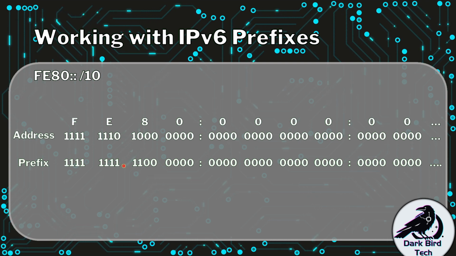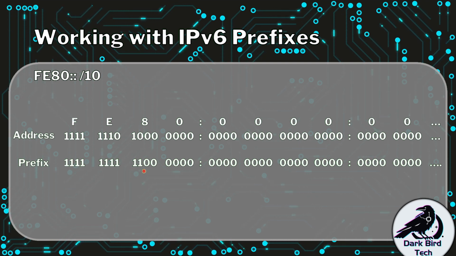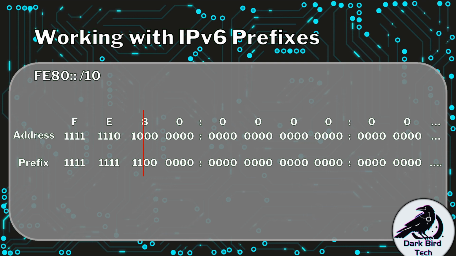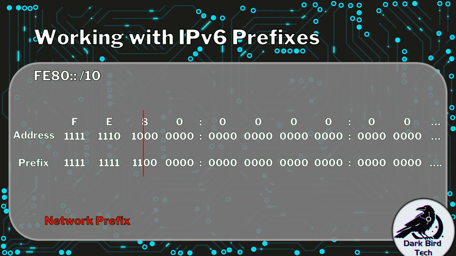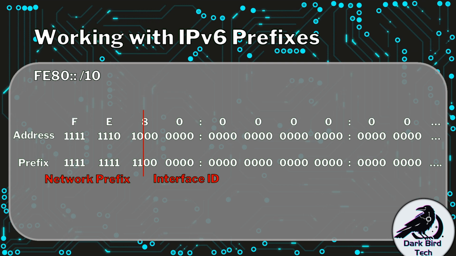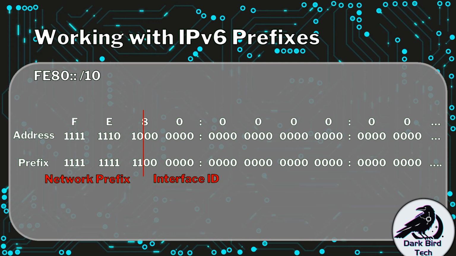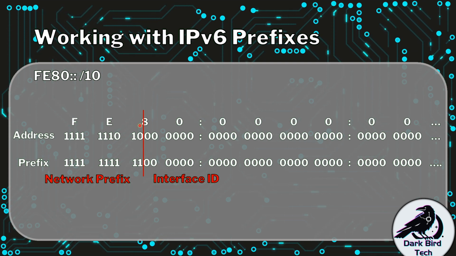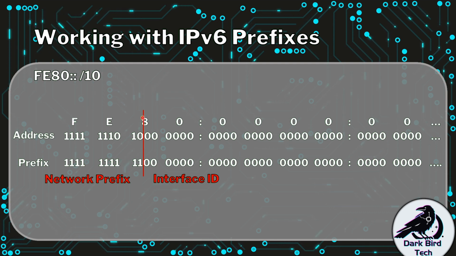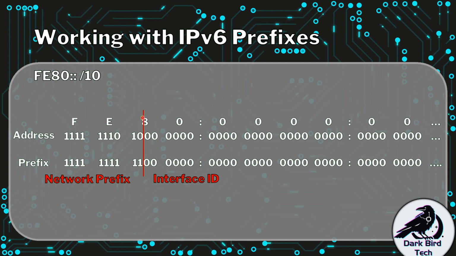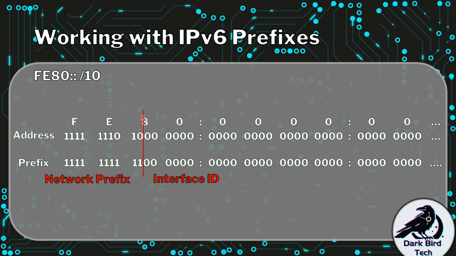As we did earlier, we look to see where the ones end and the zeros begin, and we can draw a line up there. Now, everything to the left of the line, prefix, everything to the right, interface ID. But this time, it's cutting into the middle of a hexadecimal character. So always remember that. Multiple of 16, prefixes on a colon.